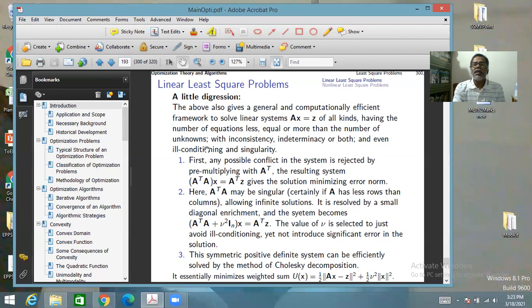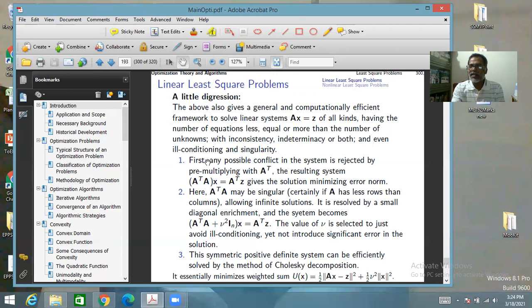So if there is conflict, it will try to minimize that. If there is indeterminacy, it will try to get you the smallest x that satisfies it. After handling inconsistency, indeterminacy can arise. In that case also, it will do the same thing. Ill conditioning, singularity, everything you can handle in this framework.